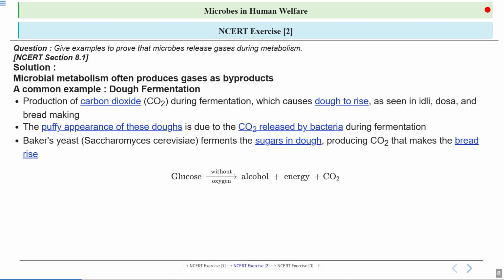You can see here glucose, which is a simple form of carbohydrate. This is broken down in the presence of oxygen producing energy and carbon dioxide. In the absence of oxygen, glucose is converted into alcohol and carbon dioxide.